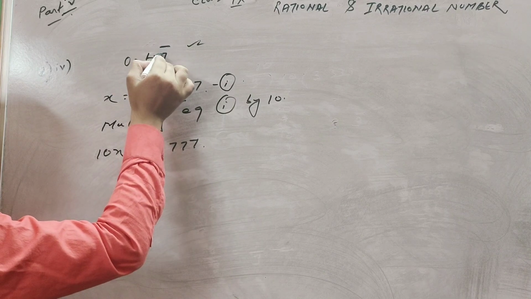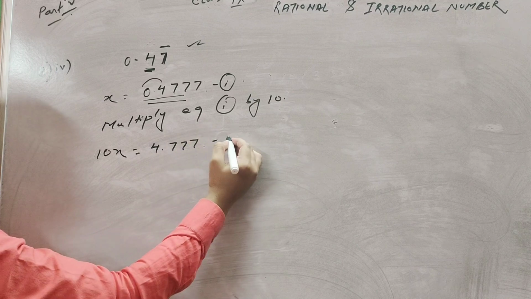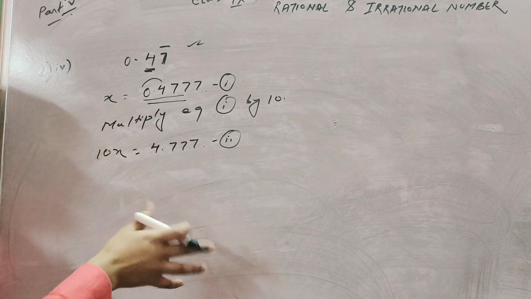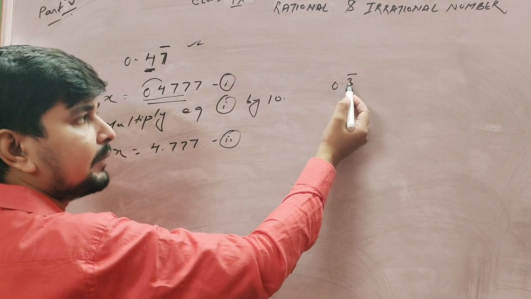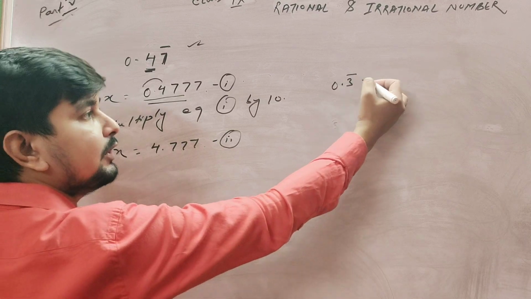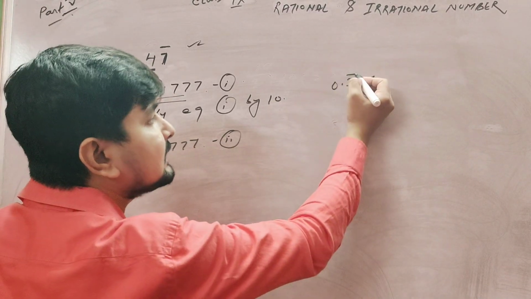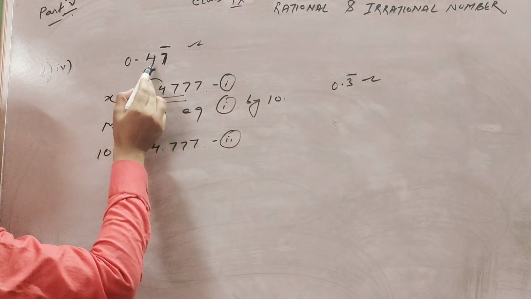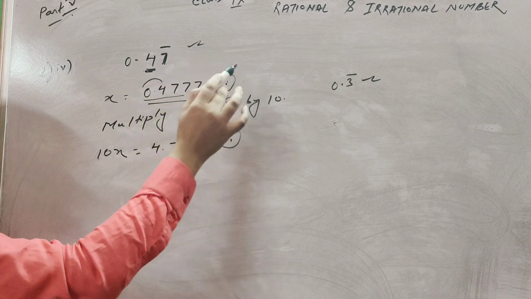Again you see the question. Only one number is repeated, so again you multiply equation 2 by 10. Why? Because in the last question you see only 0.3, so no number after the decimal before it has the repetition sign, so we multiply by only 10, because only one number is repeated. But in this question 4 is not repeated, but 7 is continuously repeated.